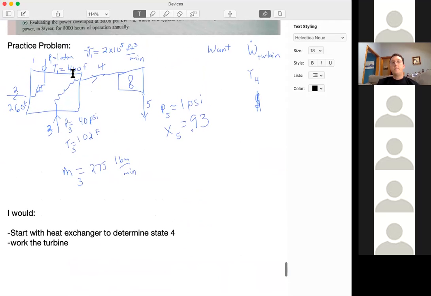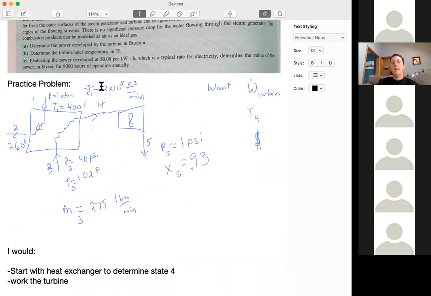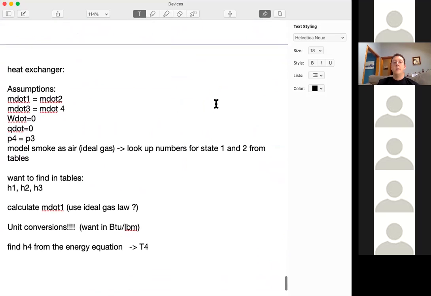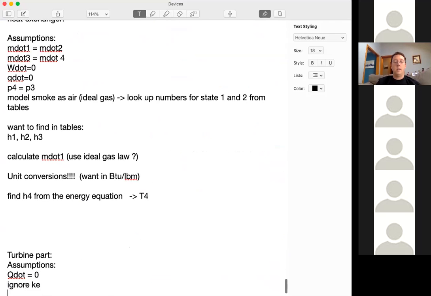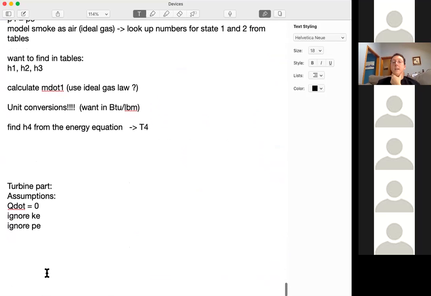And then there's no kinetic energy that's significant or potential energy that's significant. So we can say KE, well, not 0, but ignore. KE ignore, PE ignore those things.